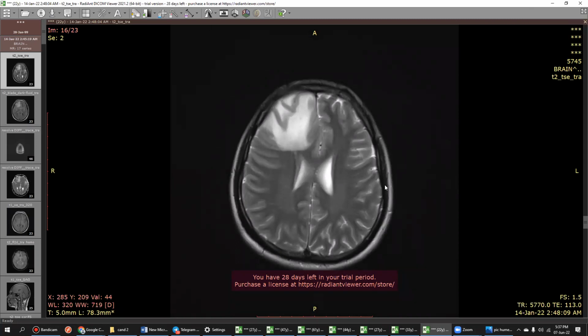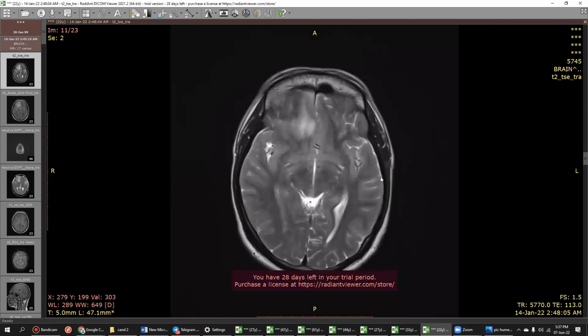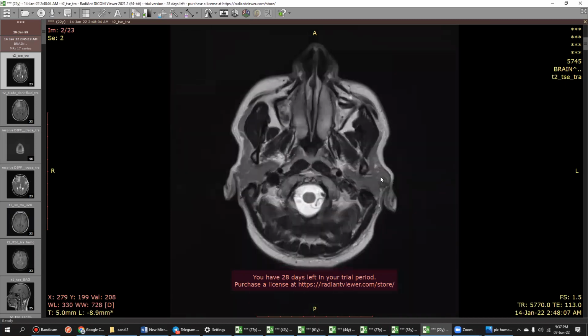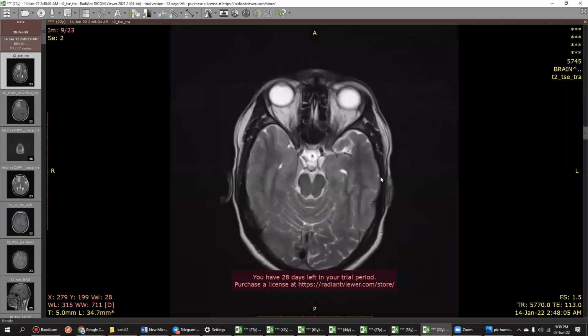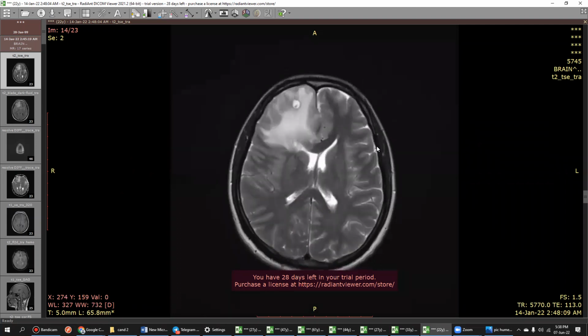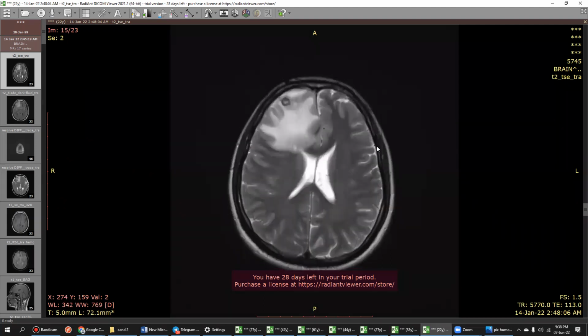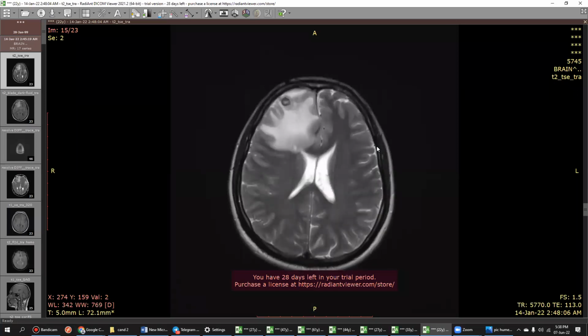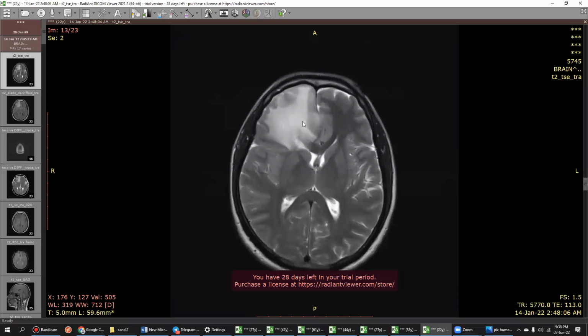These are MRI brain images, T2 weighted sections. I could appreciate an abnormal signal intensity in the right frontal lobe with significant surrounding edema and mass effect. There is a well-defined, roughly rounded high signal intensity lesion with a surrounding hypointense rim.